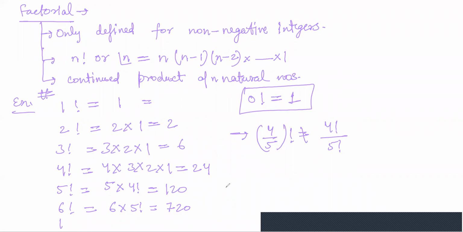So can you solve some questions on factorial? Let's try. Let's understand some basic operations on factorials. And can I remove this?